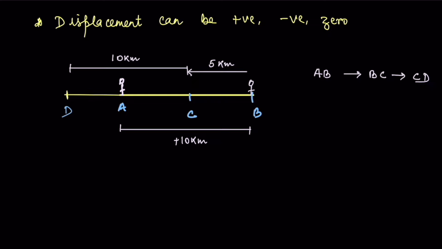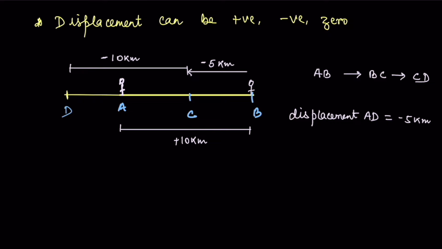When a person moves from B to C, it becomes minus 5 kilometer because direction is changing. And when a person moves from C to D, it is minus 10 kilometer. If we have to find the displacement from A to D, then it will be equal to minus 5 kilometer.